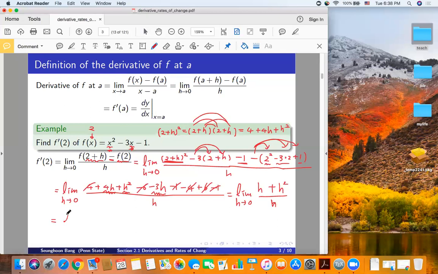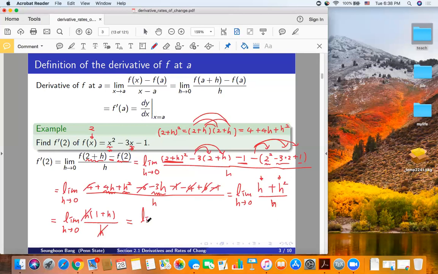Next, factor out h. The numerator has the common factor h. Factor out h, so h times 1 plus h over h. Here, h is crossed out.